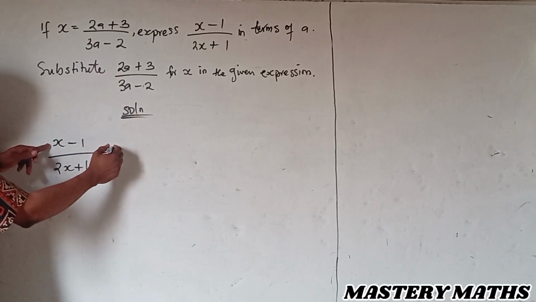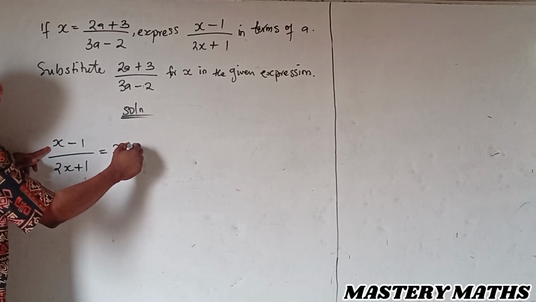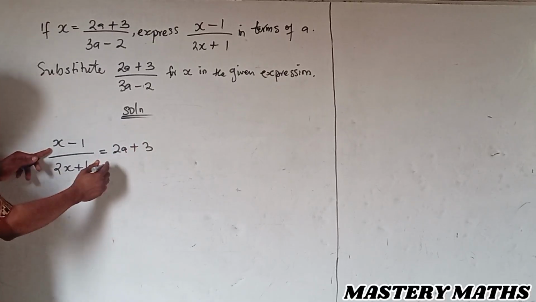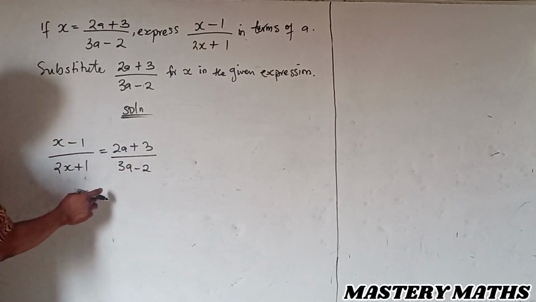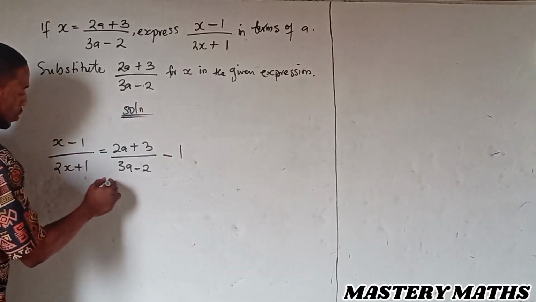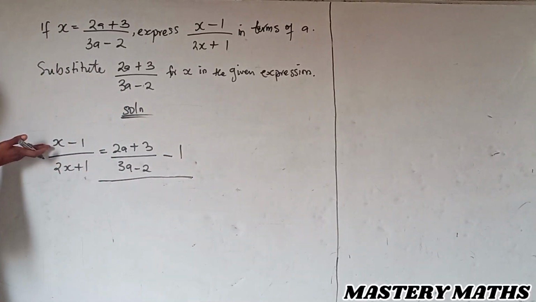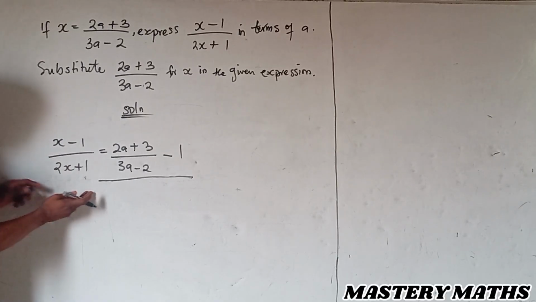So this x now will be replaced using (2a + 3) over (3a − 2), minus 1. We are done with the numerator. Now let's come to the denominator.